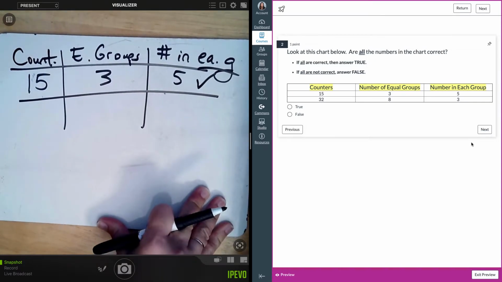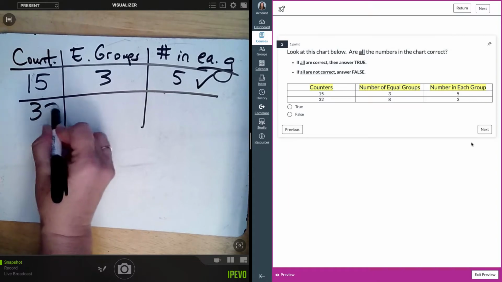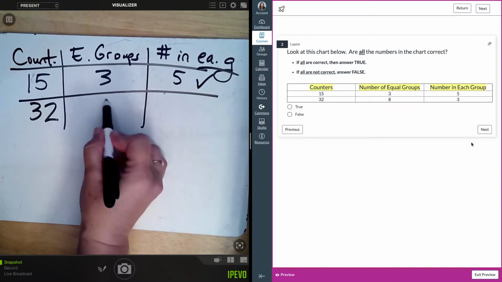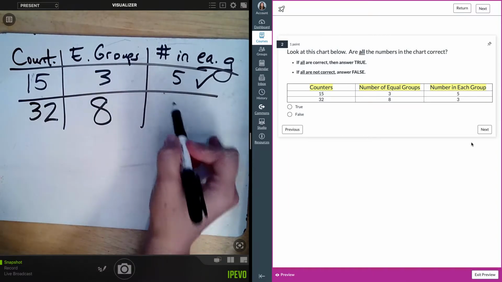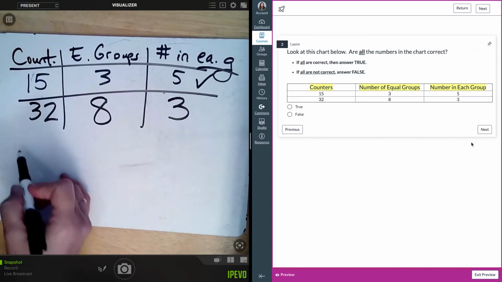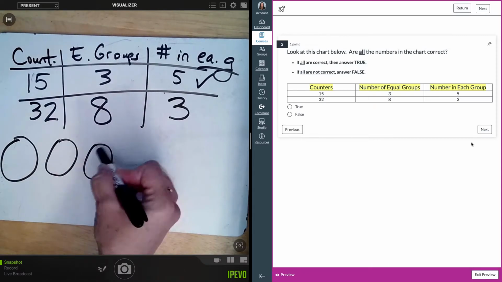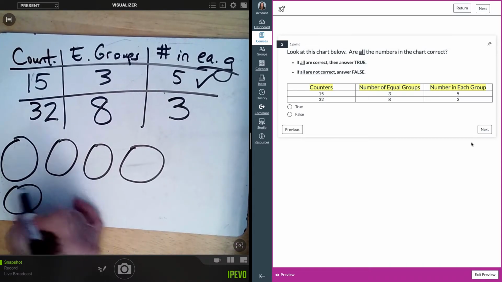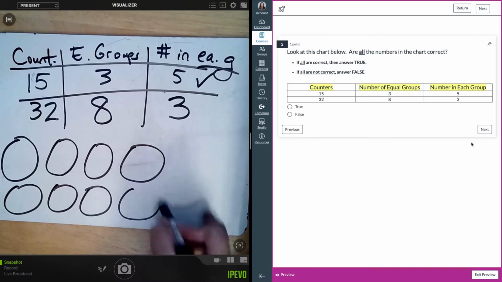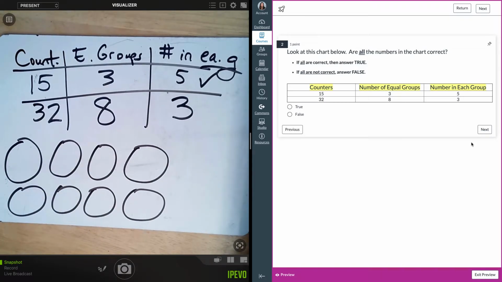This is kind of a 2-part. So if I have 32 counters and 8 equal groups, will I have 3 in each group? So I'm going to make 1, 2, 3, 4, 5, 6, 7, 8 groups. Now, will I have 3 in each group?